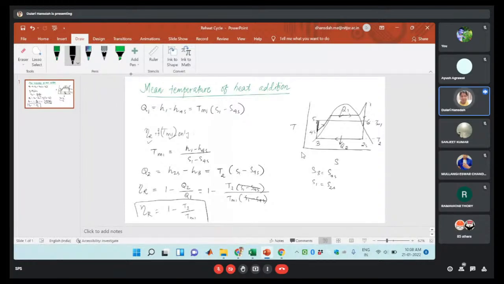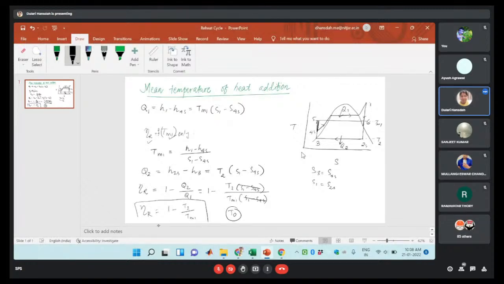This value can be lowered up to the surrounding temperature. We cannot lower it beyond that. That is, the surrounding temperature is your T0. That is the lowest practicable temperature of heat rejection, where your mean temperature is fixed. In that case, we can get the maximum Rankine cycle efficiency.